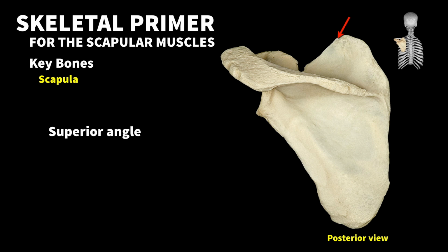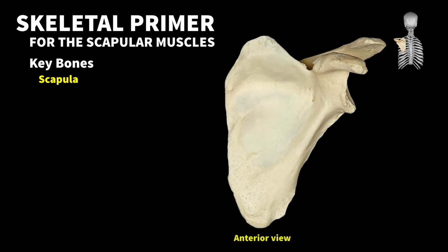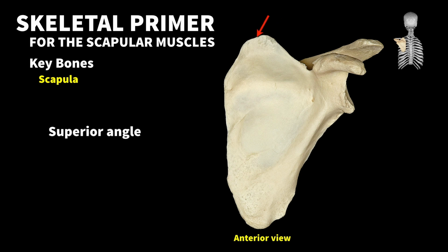Now let's turn the bone around and view it from the anterior side. From this view, you can again observe the superior angle, medial border, and the acromion. However, note from this view the prominent projection at the superior lateral aspect of the bone.